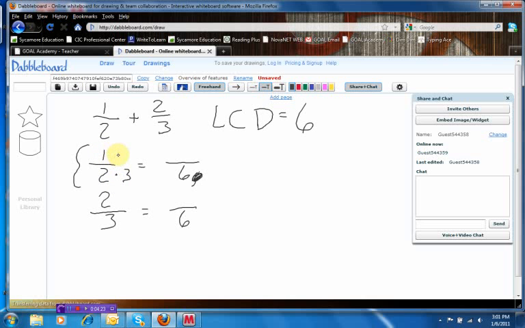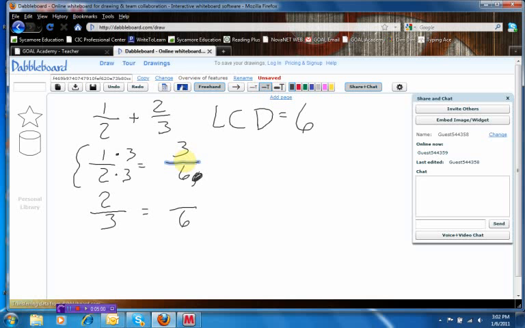You have to multiply that by 3. So 1 times 3 equals 3, right? Do you see how that works? And so 3/6 is actually the same as 1/2. They're equal to each other, but it has a different denominator.